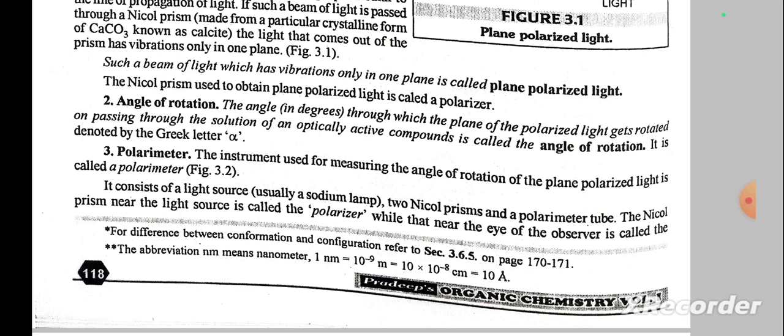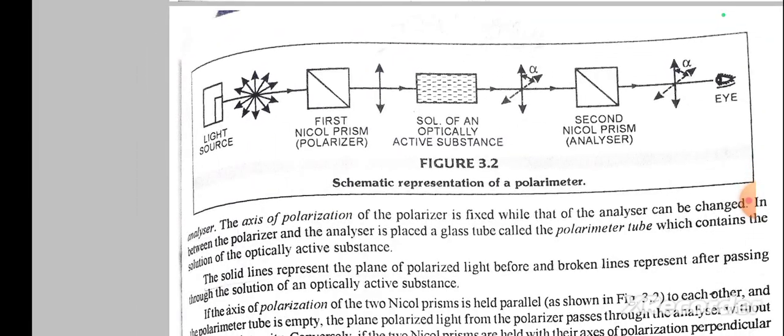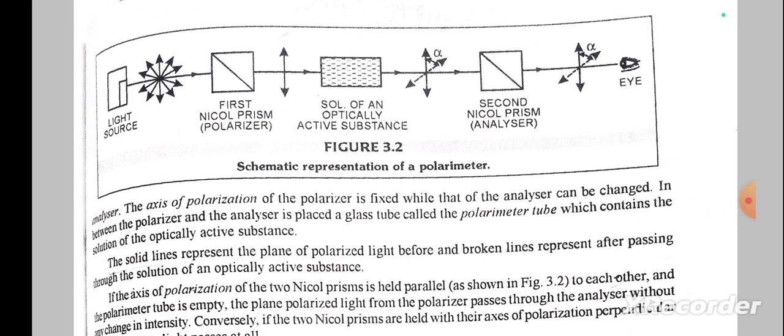It consists of a light source, usually a sodium lamp, two Nicol prisms, and a polarimeter tube. The Nicol prism near the light source is called the polarizer, while that near the eye of the observer is called the analyzer.